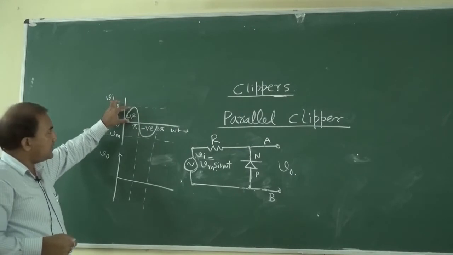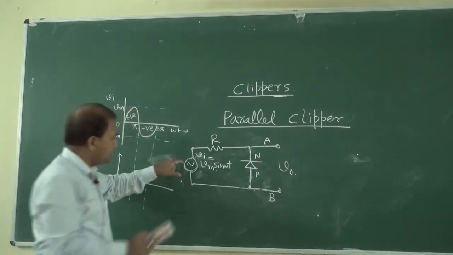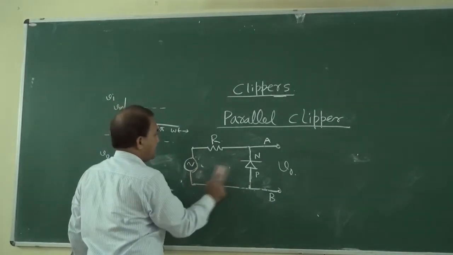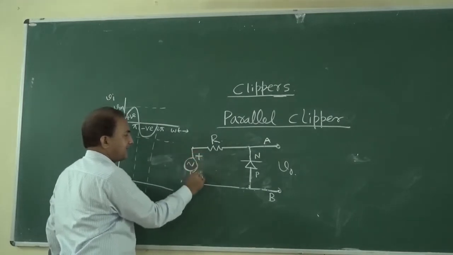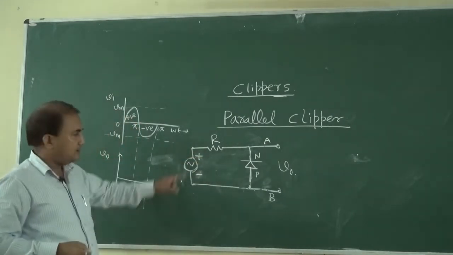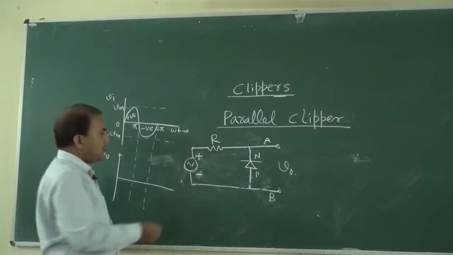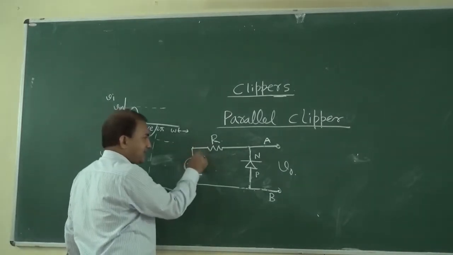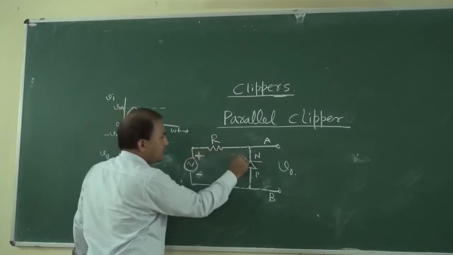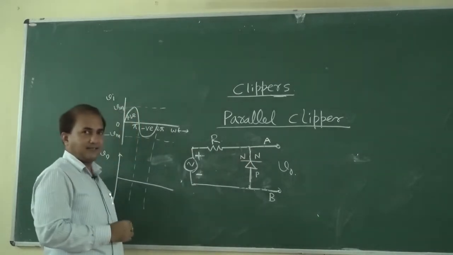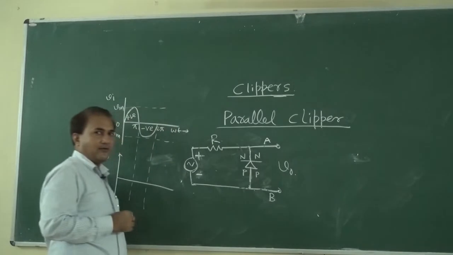For the positive half cycle, the polarity of the input will be plus here and minus here. During the positive half cycle, the positive terminal is connected to the N side of the diode, and the negative terminal is connected to the P side of the diode.